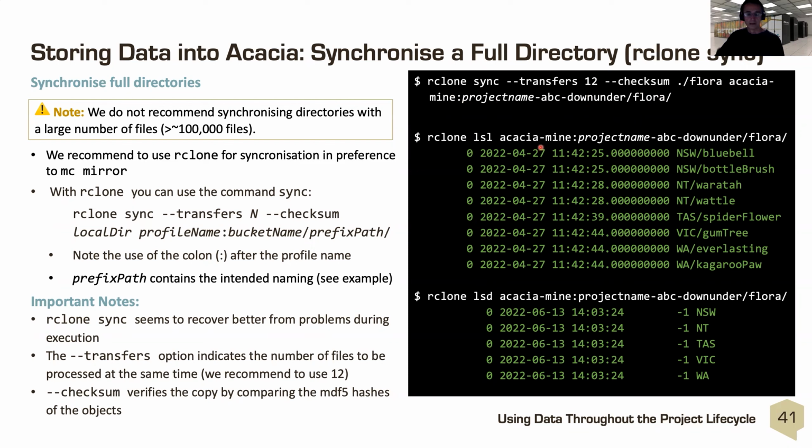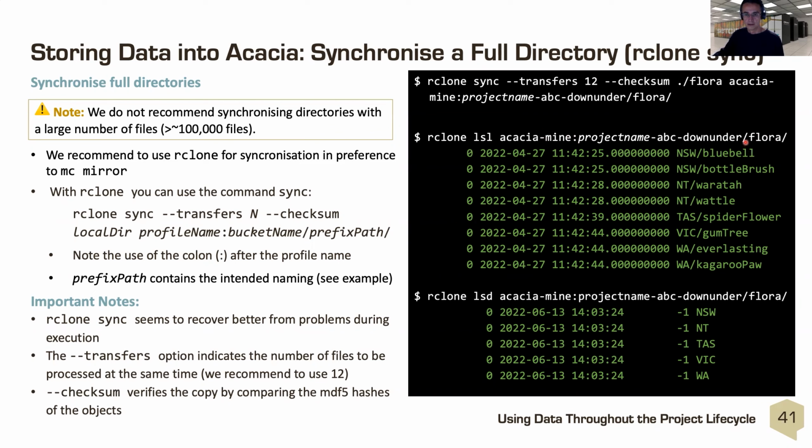So after transfer is done, you can use this MC to list, or you can use the listing commands of rclone. In this case, we use the listing command lsl to list objects in my profile name, well, Acacia mine, the bucket, and the prefix.